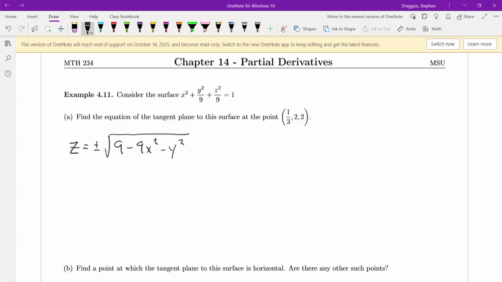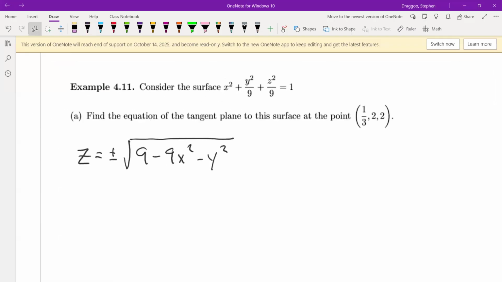So if I take a look at the point I am given, I see that my z term is 2, or more relevantly, that my z term is positive. So in my choice out of the plus or minus for finding z, I want the positive square root, because that's the one that'll contain the point I'm interested in.